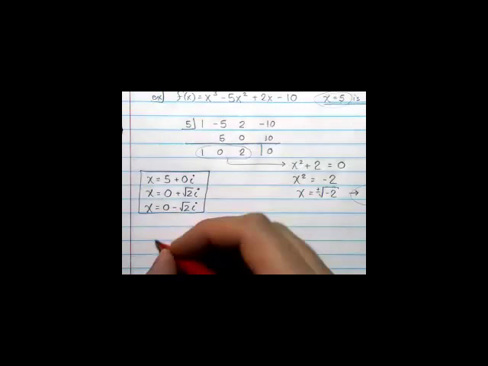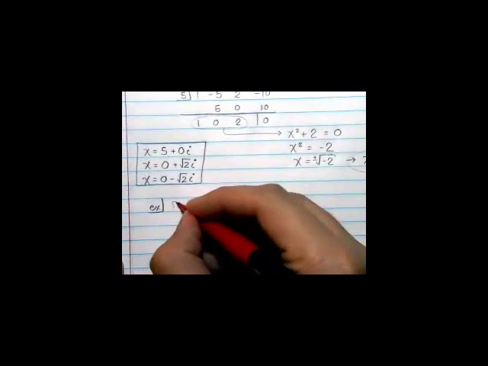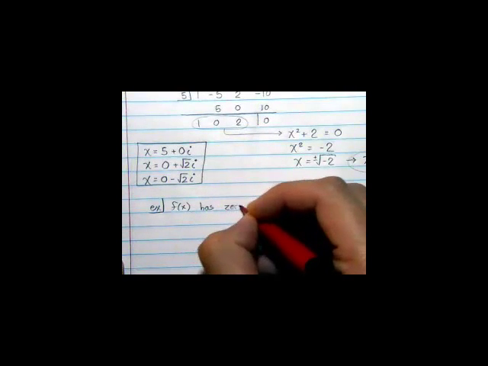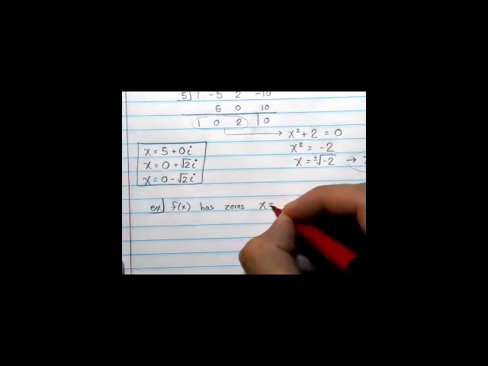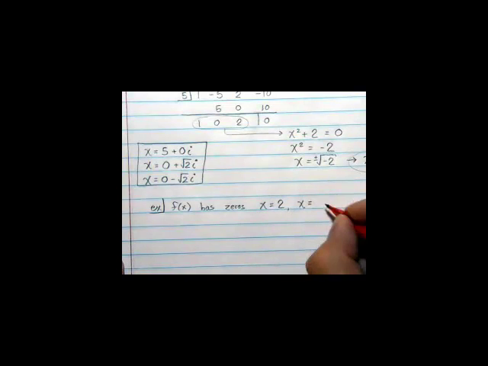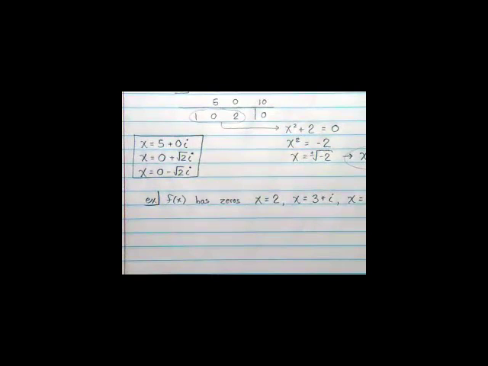So let's say f of x has zeros x equals 2, and then let's do 3 plus i and 3 minus i.